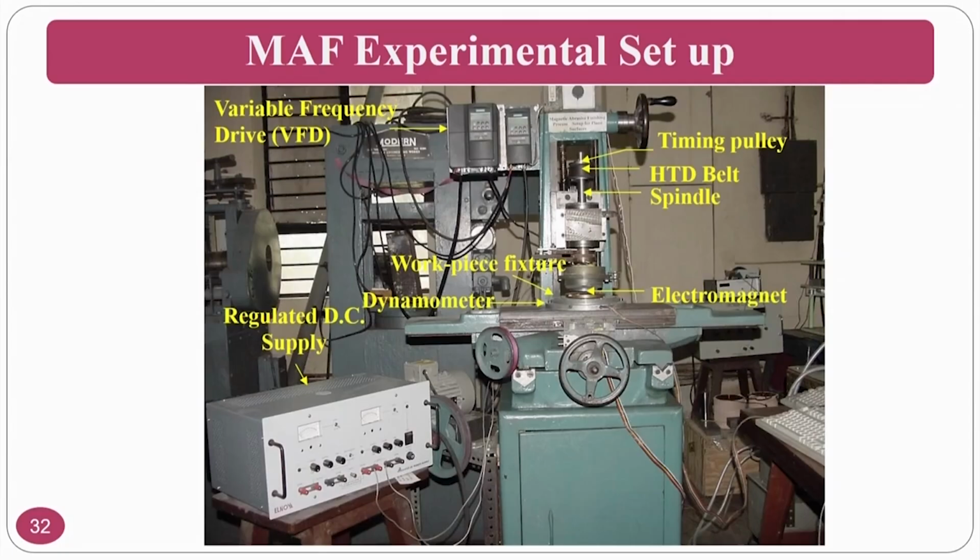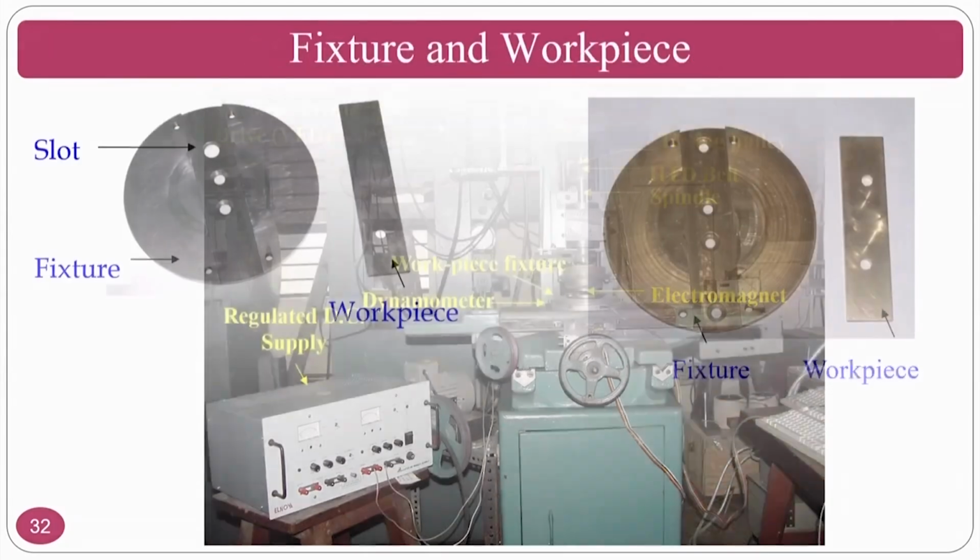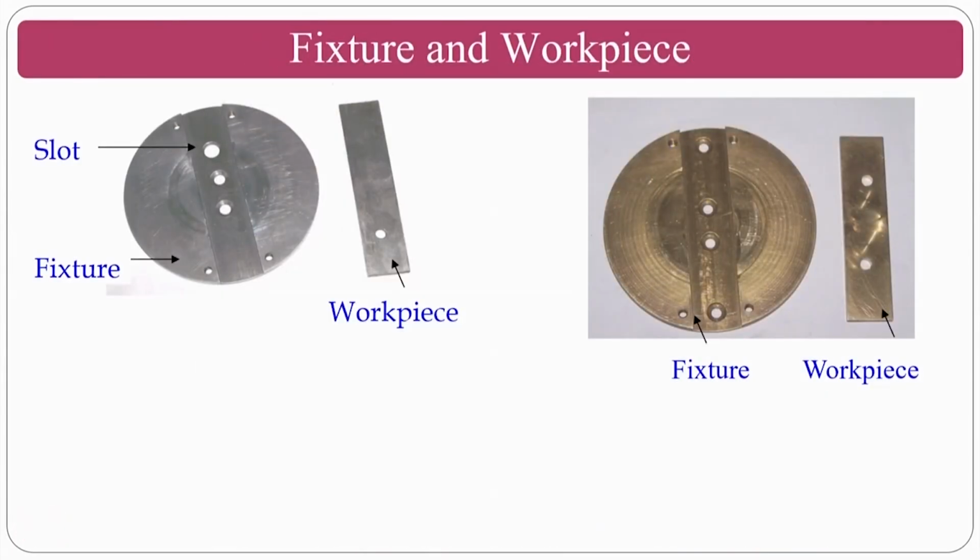For the same, as I said, we are going to use the same experimental setup that we have seen in the magnetic abrasive finishing process, and the slight change that we are going to make is to the fixture. Instead of going for a big workpiece, we are making a slot in between. In magnetic abrasive finishing, we can finish the complete surface.